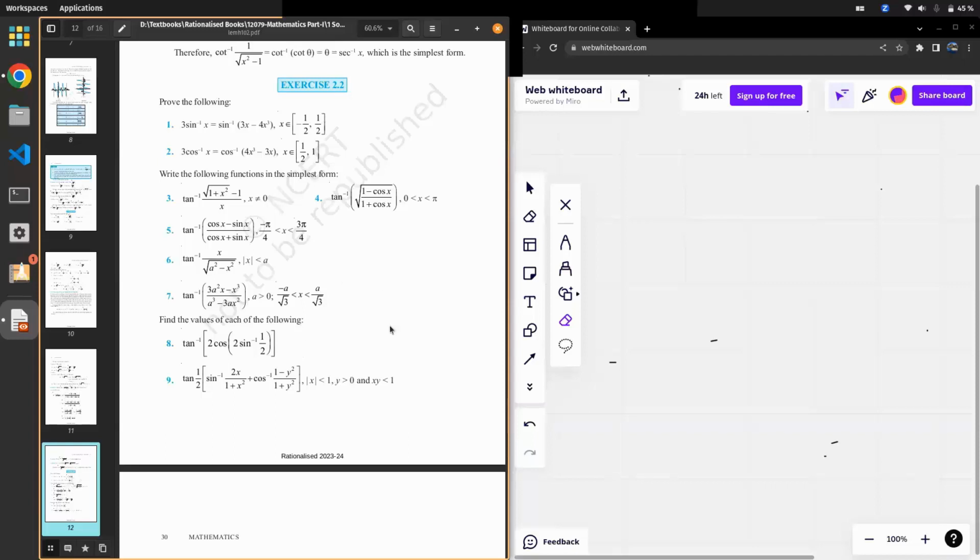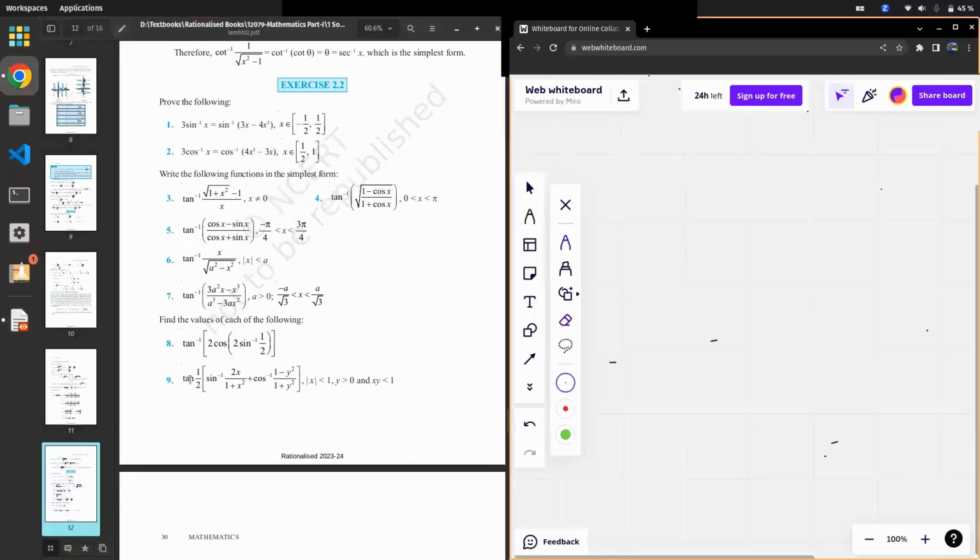So the value of cos pi by 3 is equal to half. 2 into half will be 1, and tan inverse of 1 will be pi by 4. So the eighth question is a substitution question, and we will get the answer as pi by 4. So we will go to the next question.